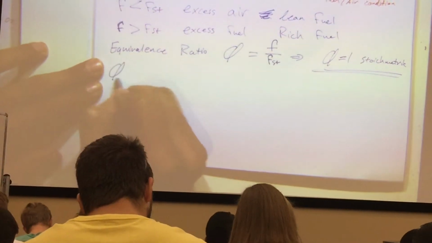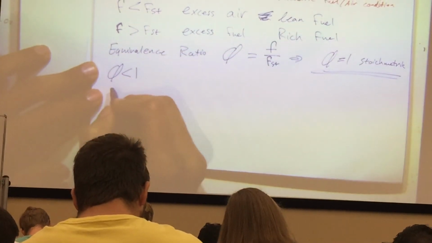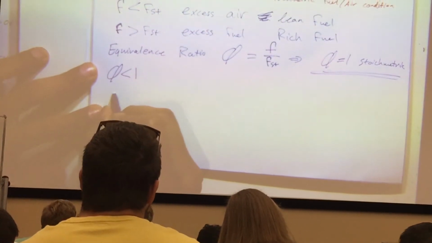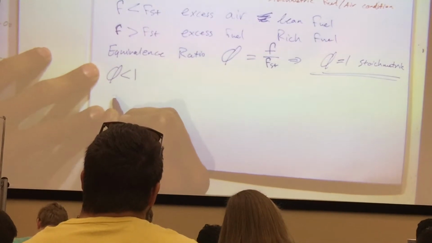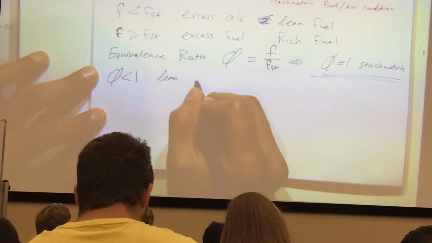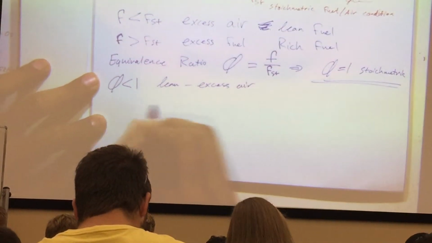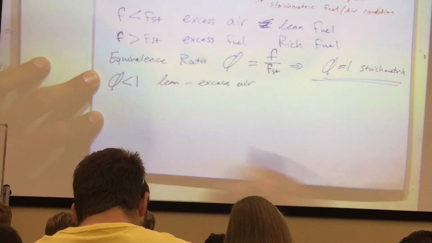So what if I have phi less than 1? Phi less than 1 means that I have what? Lean or rich? Lean. So lean means excess air. So how do I compute this?